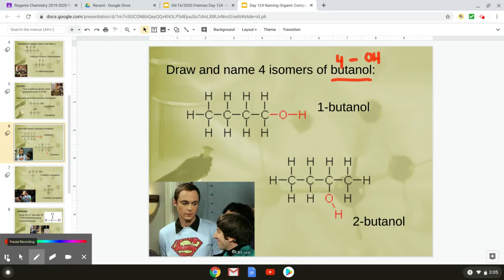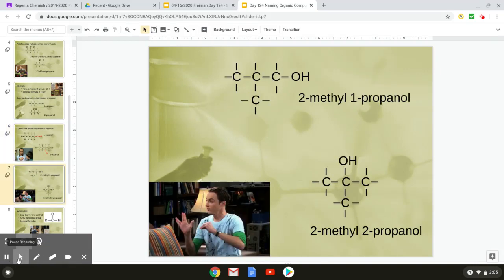So what will our other isomers look like? To make the other isomers, we take our 4-carbon chain and we make it a 3-carbon chain and put the 4th carbon off of that. So this is an isomer of butanol, even though it's not a butane anymore. Now the longest chain is 1, 2, 3 carbons long with a methyl group on it. So an isomer of butanol is 2-methyl-1-propanol.